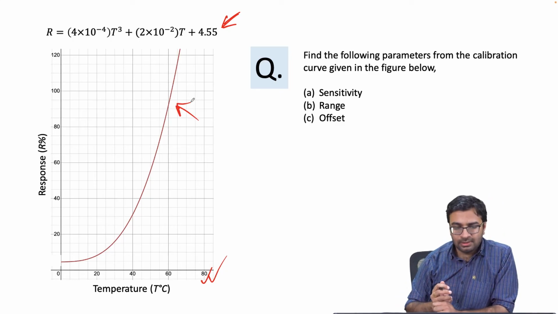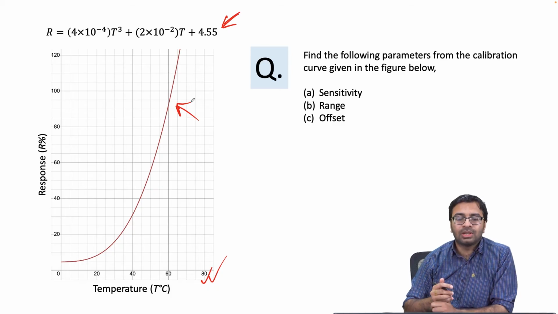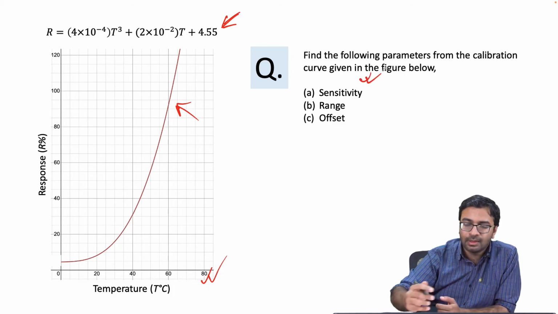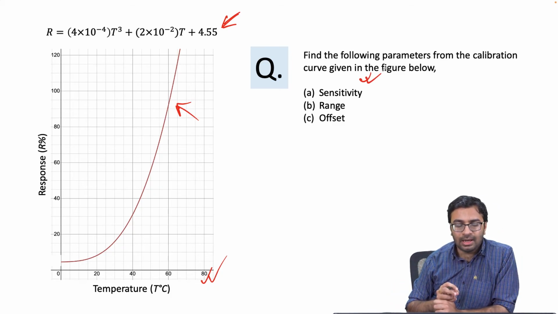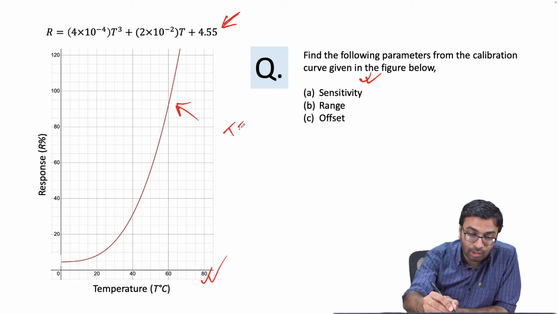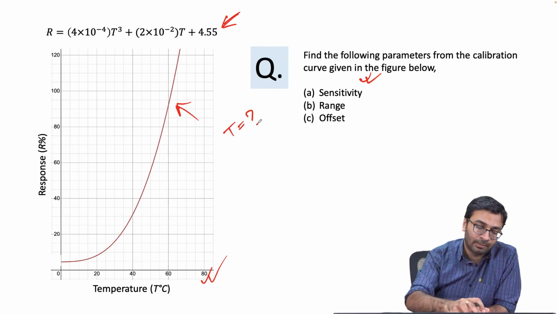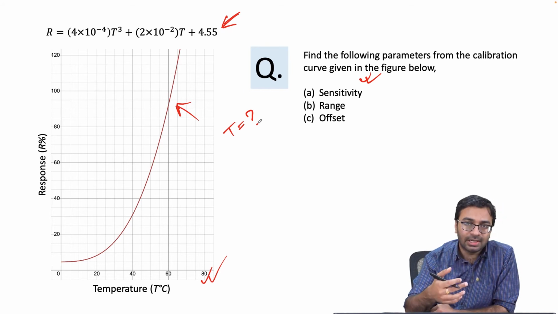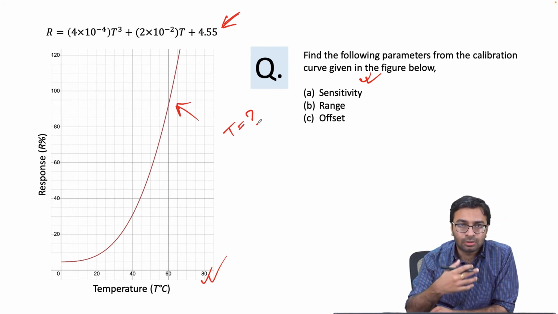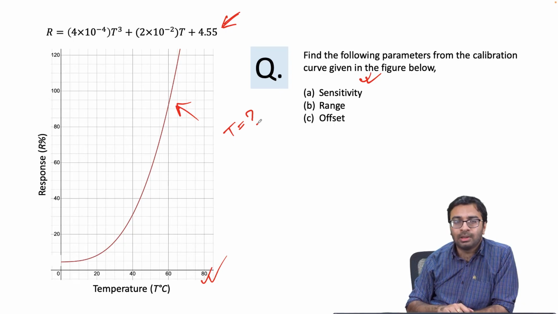In this case, if someone wants to know the sensitivity of the sensor, then it is also important that you have the temperature value at which you need the sensitivity, because the sensitivity is varying. I already have said sensitivity is nothing but the slope of that curve.